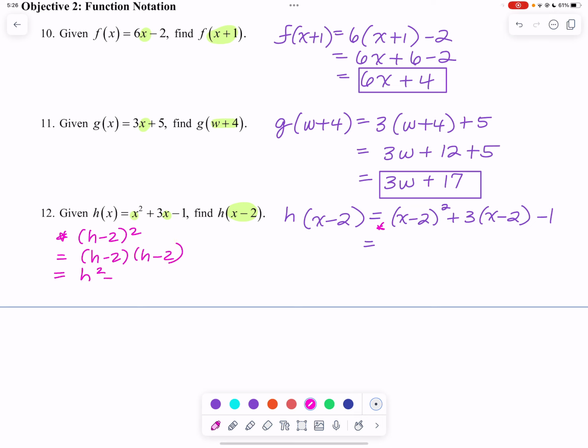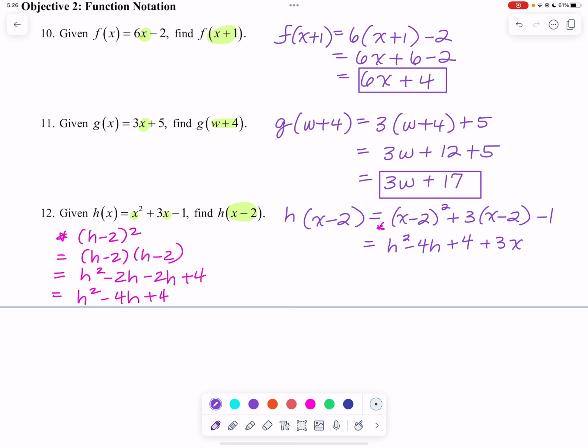First, outer, inner, and last. And we will combine our like terms, and this is what we get. It's just a little bit easier to come over here and work that, and we have x squared minus 4x plus 4.